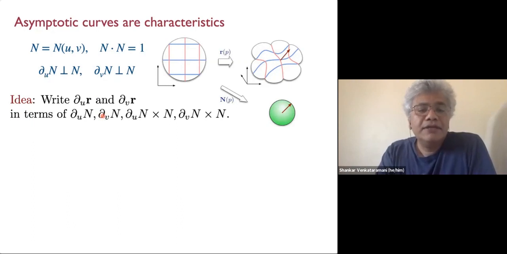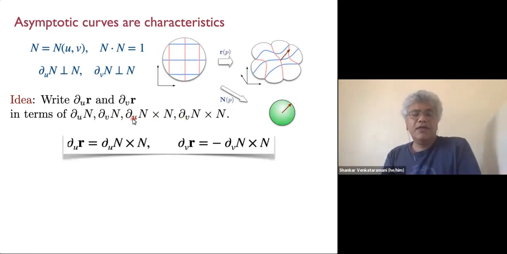And so the idea here is to use the Frenet-Serret formula to write the derivatives of your immersion in U and V in terms of the other vectors in the problem. So the other vectors in the problem are the derivatives of this normal map with respect to U and V, and also these things crossed with N. Okay? So these are the various objects.